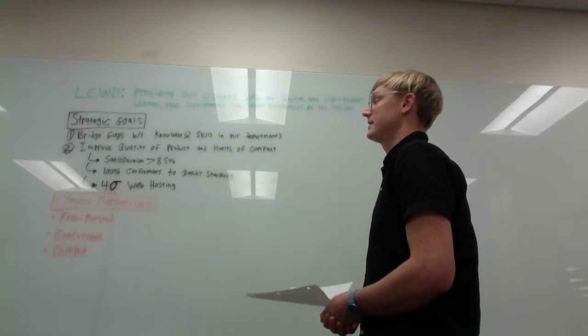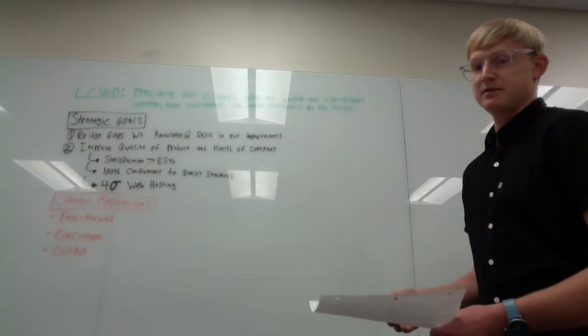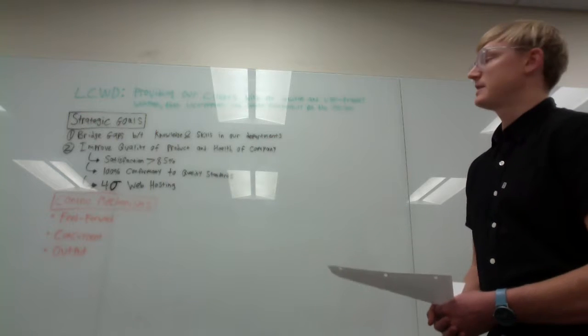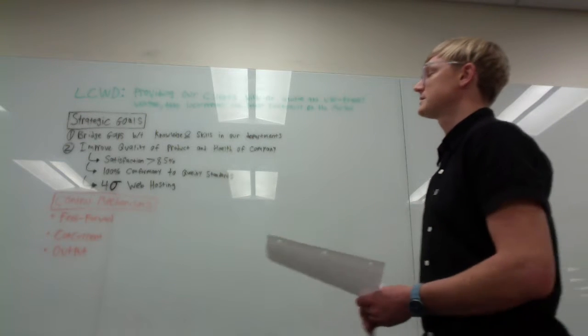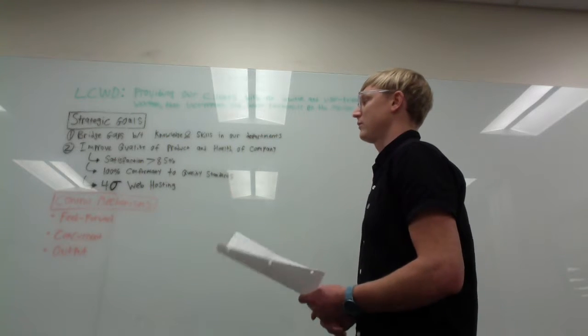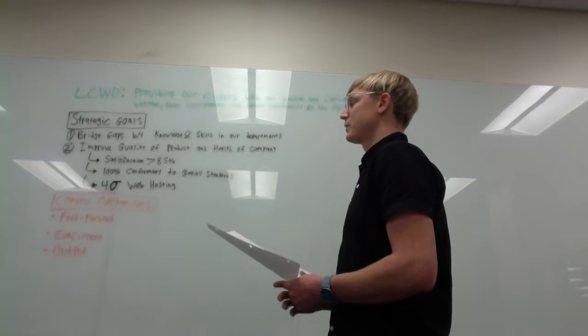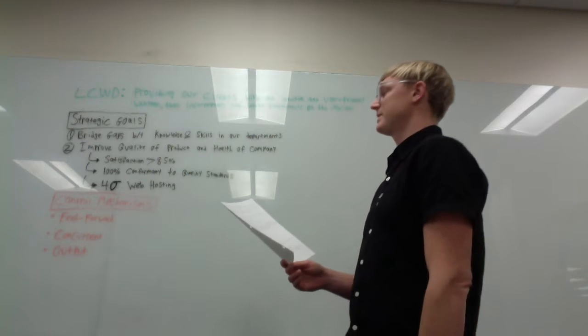We also want to have a complete or 100% conformity to our quality standards, and I'll provide you guys with a document that actually outlines those things. And then finally, we want to have a 4 Sigma goal for our web hosting department. So that's going to be less than an hour of downtime per year for our clients' web pages.